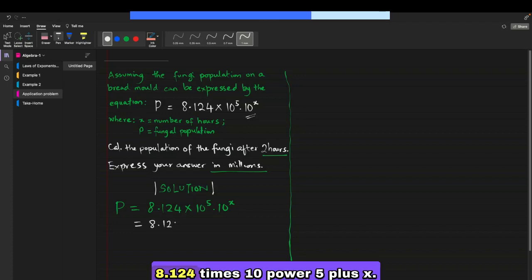P equals 8.124 times 10 raised to the power 5 plus x. If you do not remember the law that helps us to simplify this, it is called the product law.